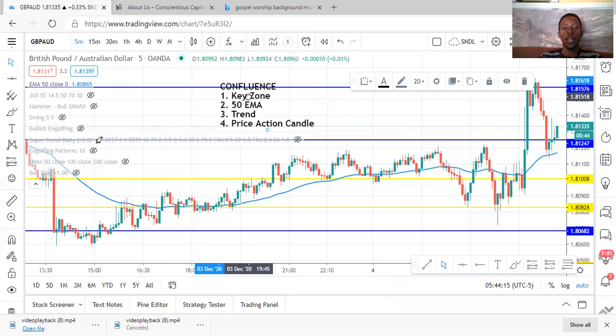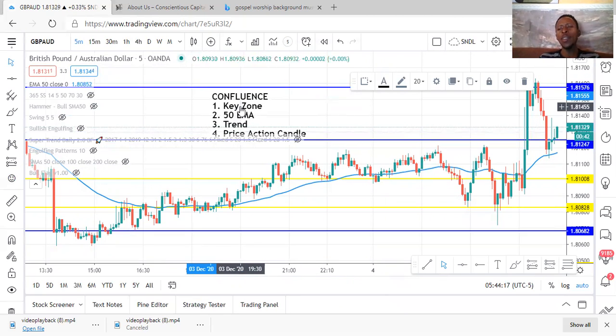The price action candle. Why do we really need this? These are what will give us confirmation before we take any trades. You at least need to let at least 3 confluences out of these 4 play out before you get into the markets.